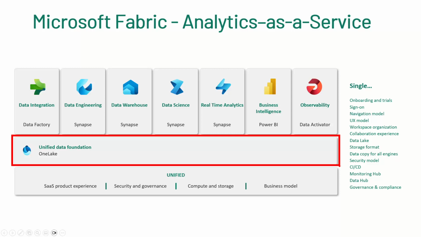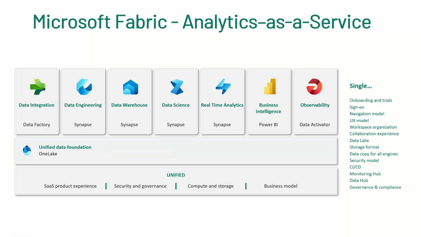There is no copy from A to B, from the data lake into a data warehouse. Every one of those workloads talks the same language. So they store the data in OneLake. I will talk about OneLake in much more detail in one of the following episodes, but OneLake is the central storage. Every one of those experiences talks the same language.